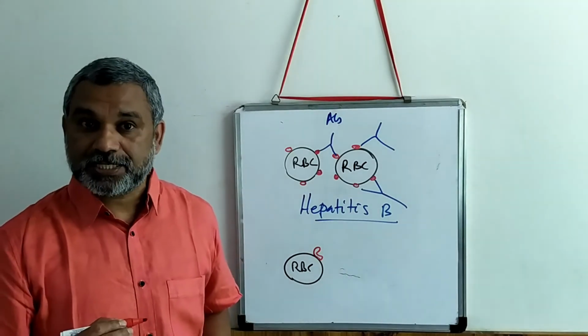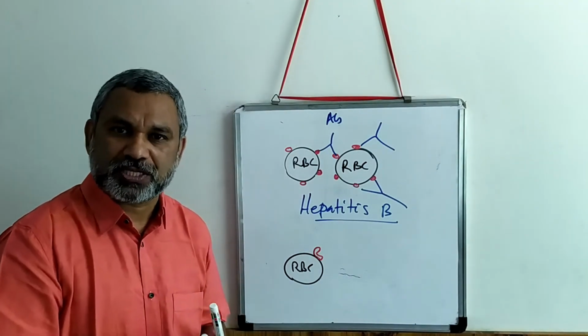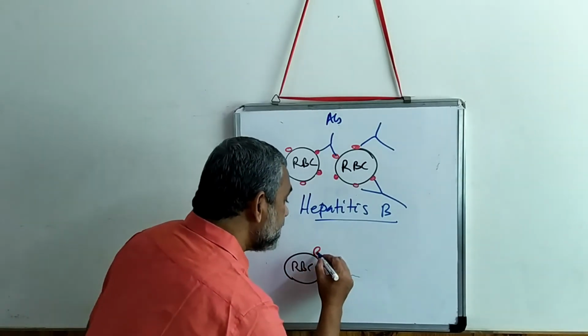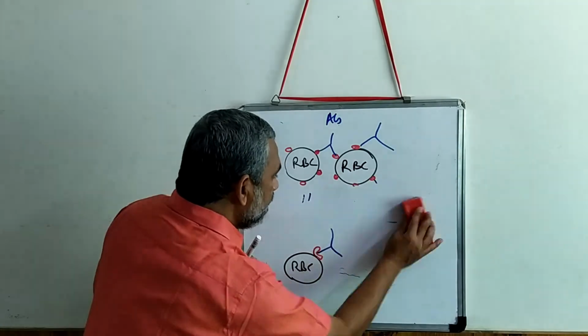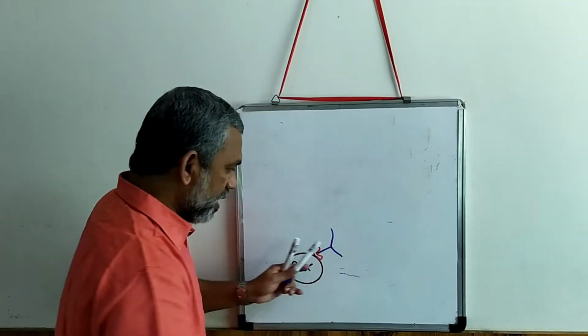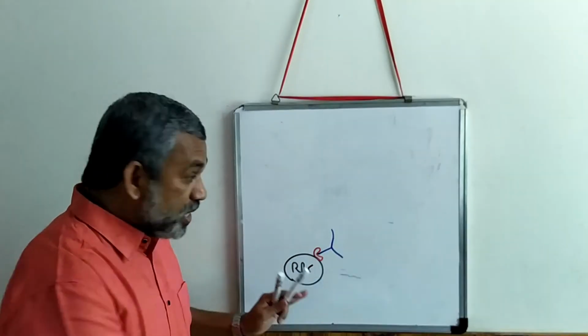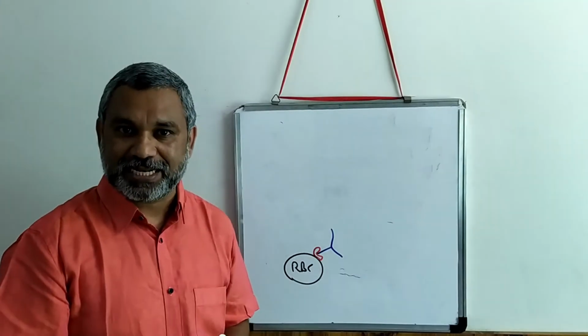In such cases an antibody raised against this antigen is used. So by linking with this antibody, this becomes our particulate antigen.